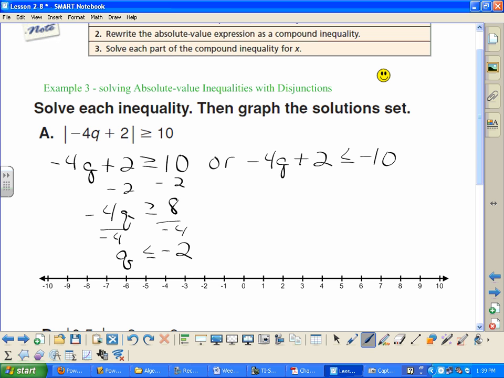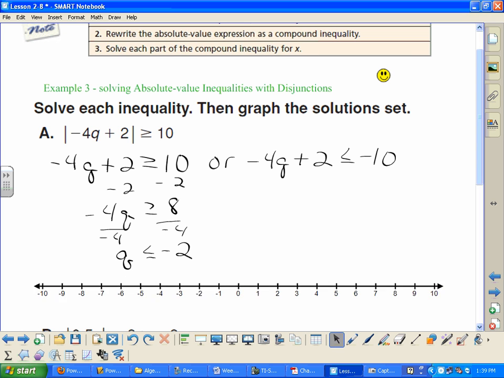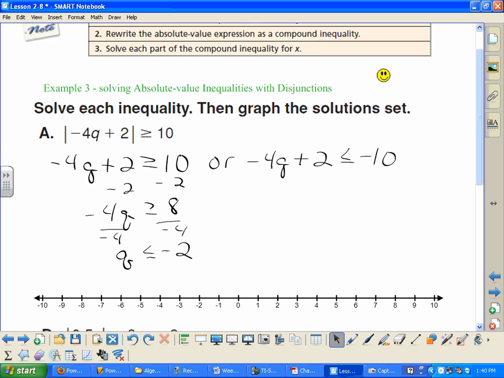Make sure you remember to change the direction of the inequality sign when you divide or multiply by a negative. Subtract 2 on the other part. Negative 4q is less than or equal to negative 12. Divide by negative 4. And q is greater than or equal to 3.